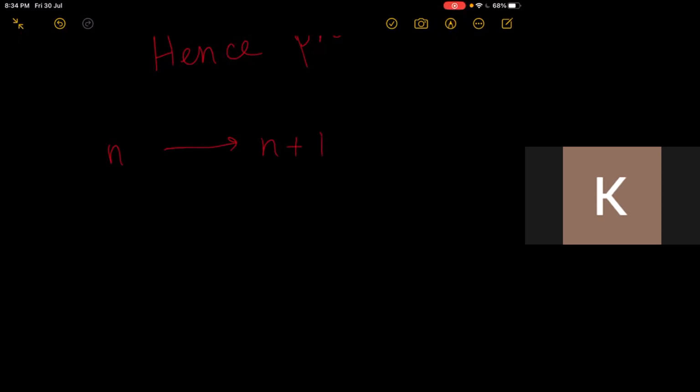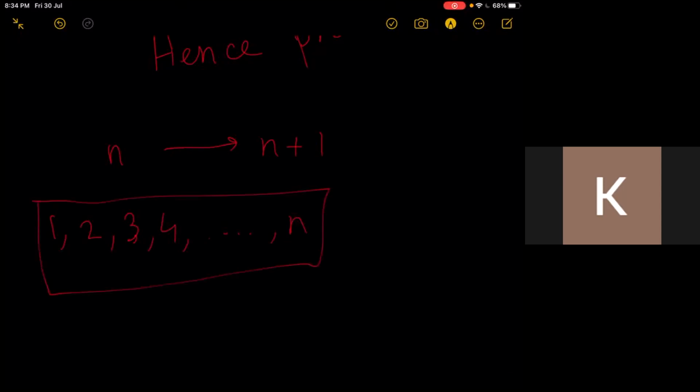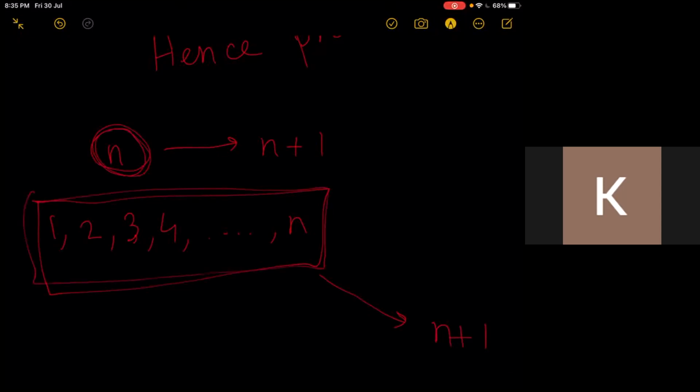In strong induction, we assume it is true for 1, 2, 3, 4, everyone till n. And using this entire information, we prove it for n plus 1. Like in weak induction, we just assume the previous term is true. In strong, we assume that all of them are true.